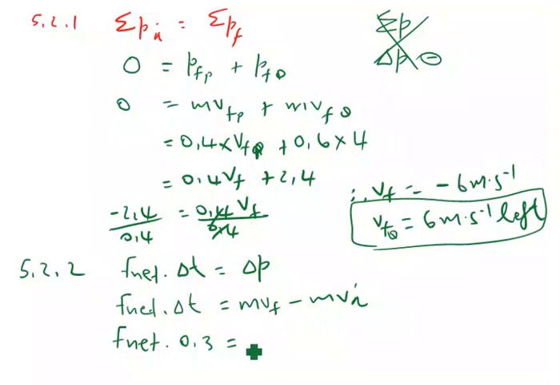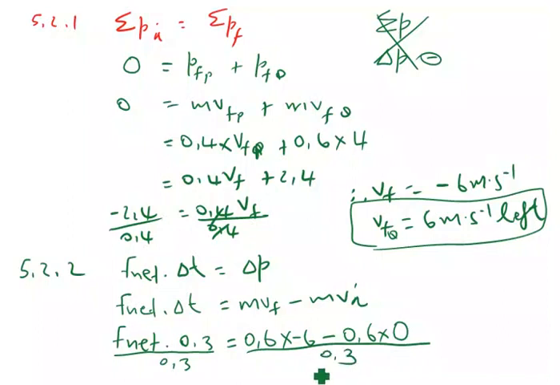So we have the mass of Q, which is 0.6, times the velocity, which is minus 6, minus the mass of Q, 0.6, times the initial velocity of Q. They were held, which means the initial velocity is 0. Now we can divide both sides by 0.3 to get rid of that 0.3.